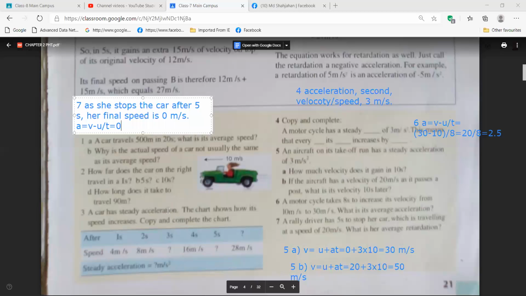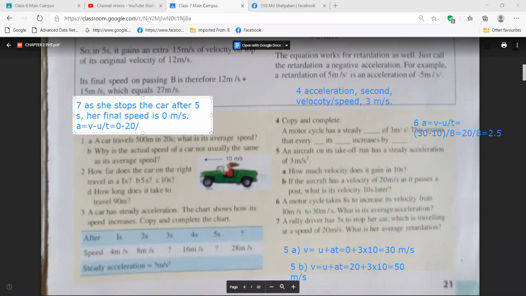Then initial speed is given how much? 20. Very good. We write it 20, then divided by how much?